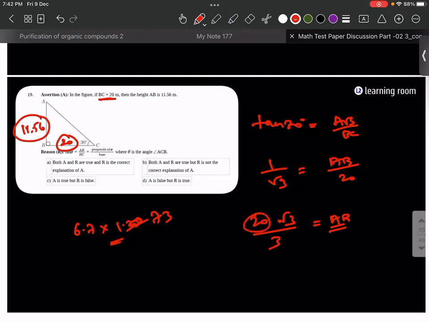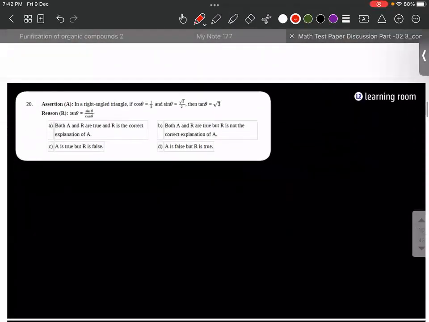This 11.56 can be taken because 6.67 into 1.732 is 11.55 something. So 11.56 is what we need to take. The reason is right because tan of that angle is perpendicular divided by base. So both are right, and the reason is the right explanation for A.